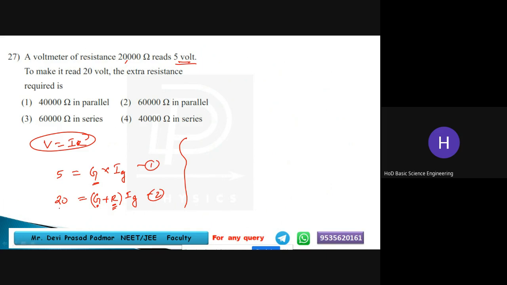If you increase the resistance, you can increase the voltmeter reading, right? For an ideal voltmeter, the resistance must be infinity. So if you want to increase potential difference, increase resistance. Now just divide these two. 5 by 20 equals G into Ig divided by G plus R into Ig. Ig gets cancelled. So you will get 1 by 4.